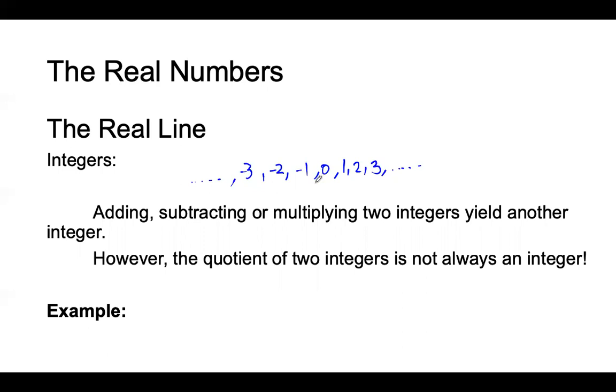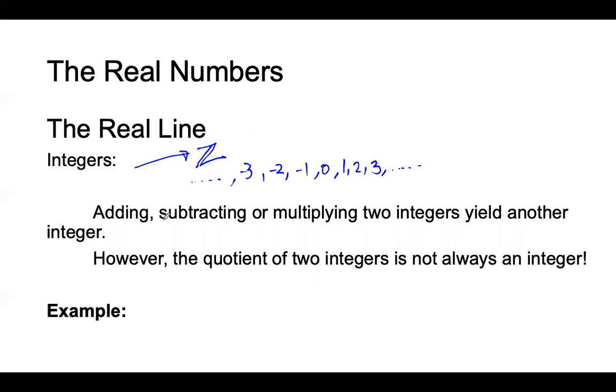These integers are denoted by the Z, and it has two bars in the middle, slanted like that.